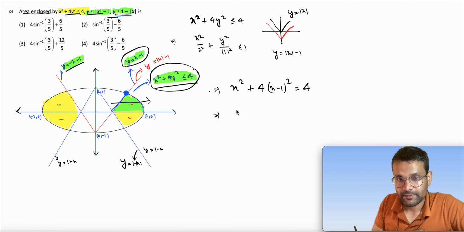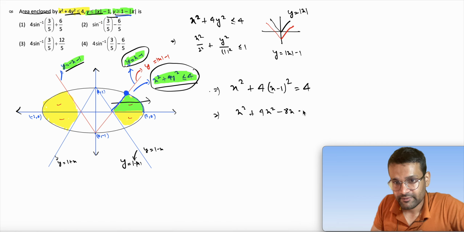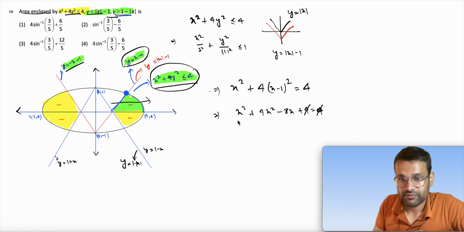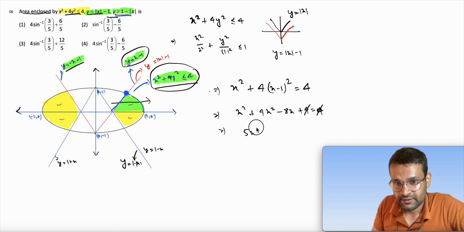Okay, now x² + 4x² - 8x + 4 = 4. This +4 cancels out, and this is 5x² - 8x.